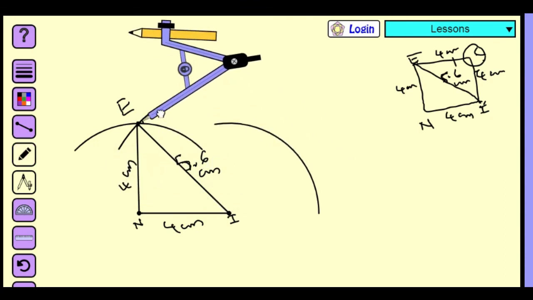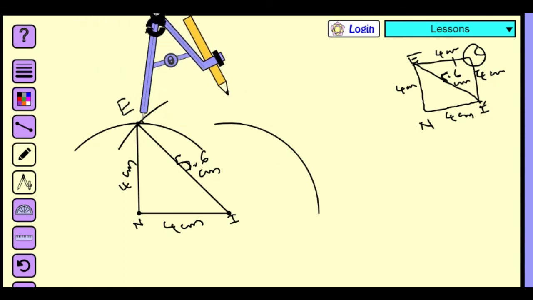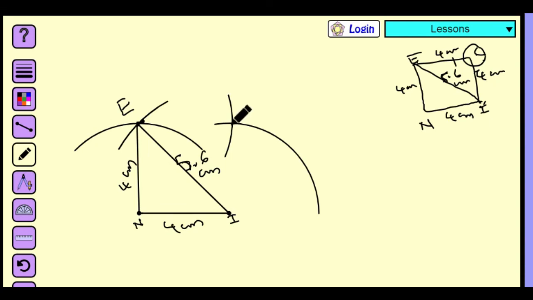With the same radius, with I as the center, draw an arc which cuts the previous arc at point C. Now join E to C and I to C to get the required quadrilateral, rhombus NICE. Now label 4 centimeters and 4 centimeters.